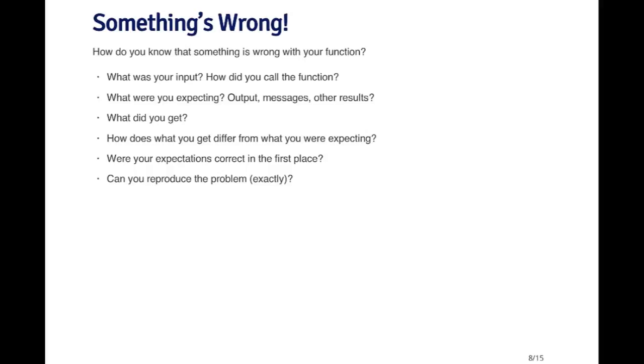Unless it's the most basic problem, you have to be able to reproduce it, because you have to be able to show someone how you created the problem. Most people are not going to know what the output or the error message means, or where it came from or how you got there. So the process by which you encountered the error is very important, and you have to know how to reproduce the problem.